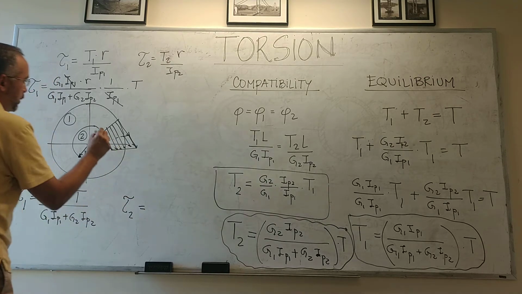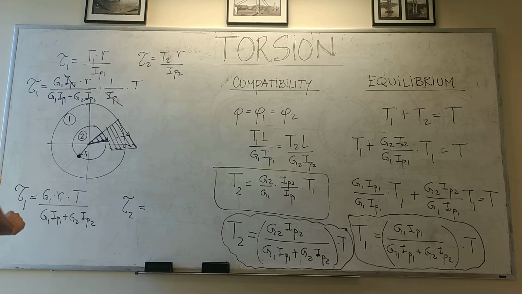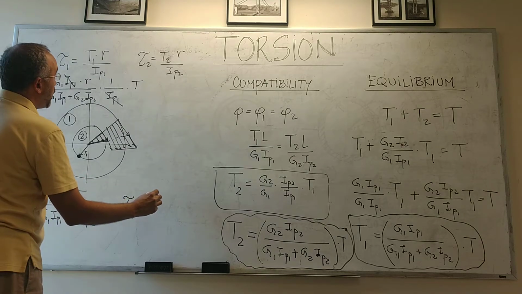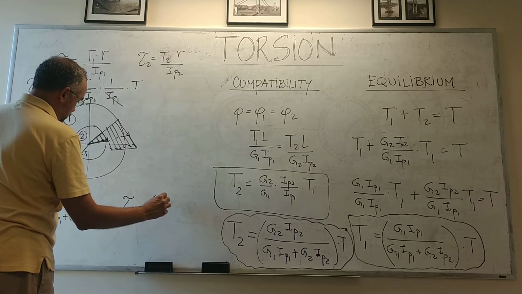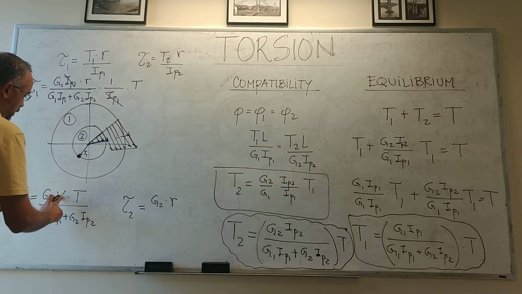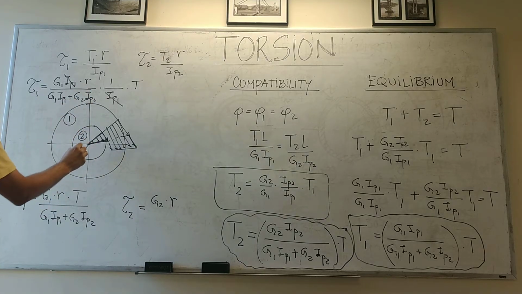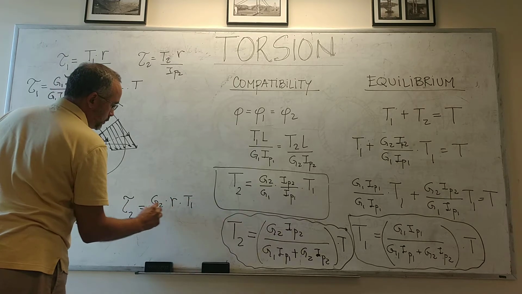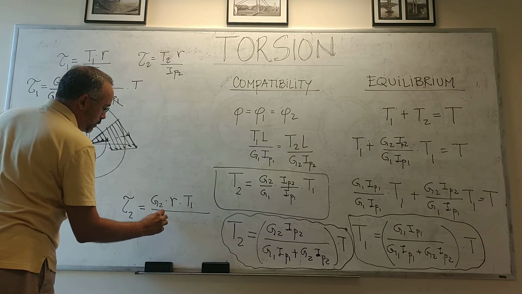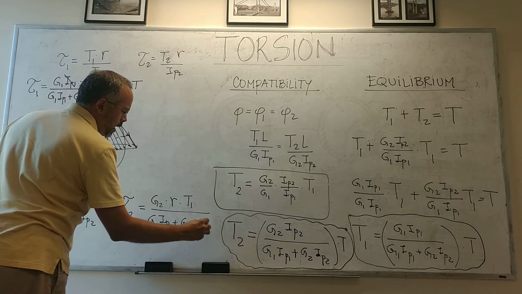so the stress in material 2 at the same point right here, you will get G2 times R, let's call this distance here R, from here to here, times T divided by G1 IP1 plus G2 IP2.